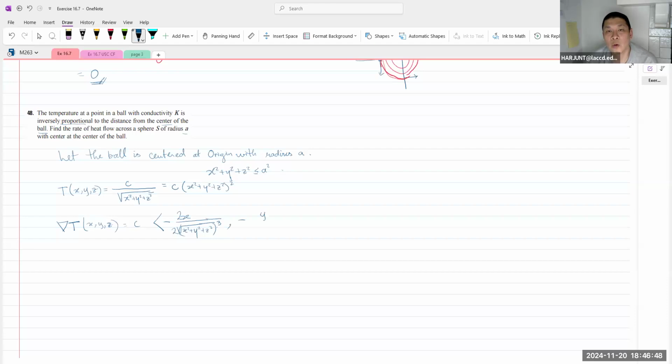Similarly, there will be negative y over the square root of x squared plus y squared plus z squared, cubed, and then negative z over the square root of x squared plus y squared plus z squared, cubed. Okay, let me factor the negative and factor that x squared plus y squared plus z squared to the power of 3/2, and then we get x, y, z here.